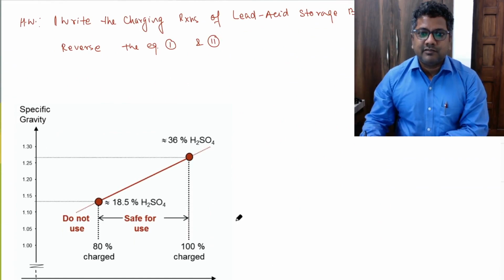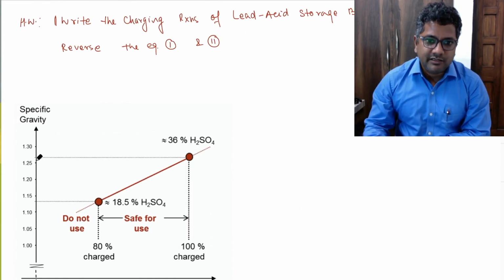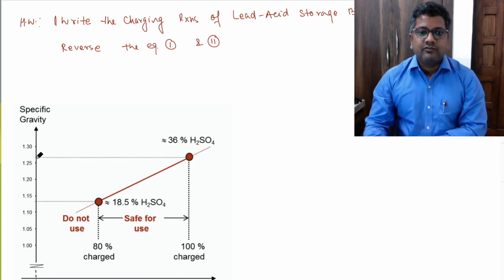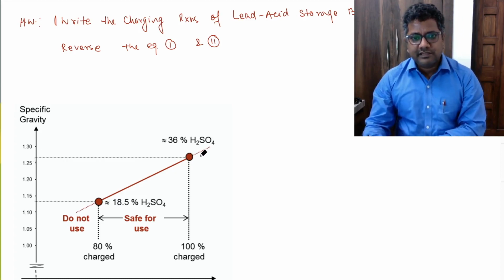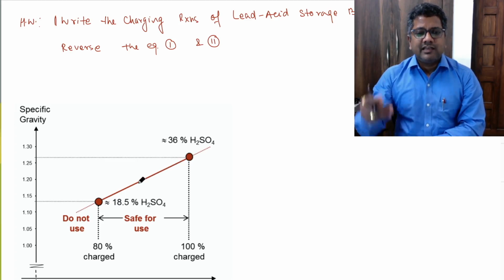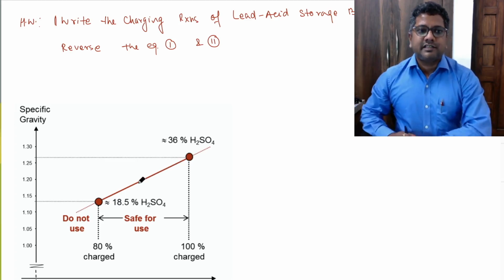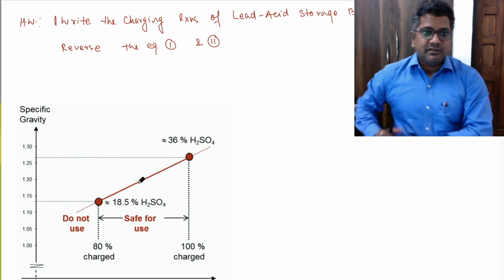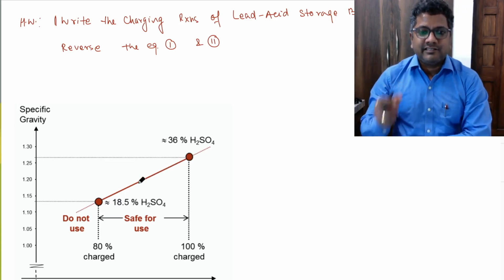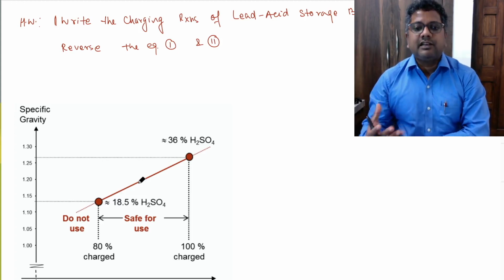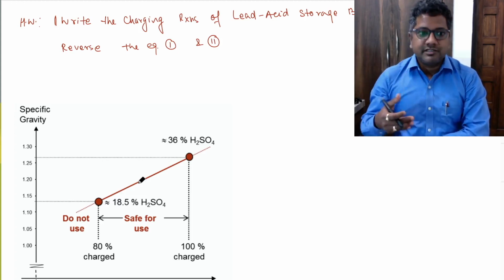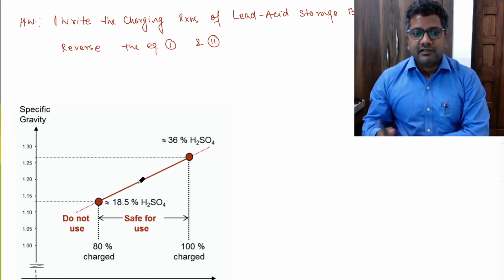So this is the 100% charged state, where the percentage of H2SO4 is 36% and the density is slightly above 1.25. This is the optimum charged state, maximum, and now the density will decrease gradually. So by measuring the density of the H2SO4 solution in the battery, we can assess how much chemical energy is still left in the system and when it requires further charging.